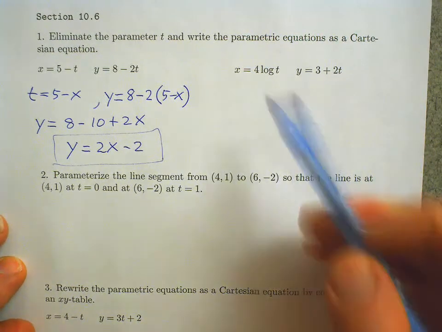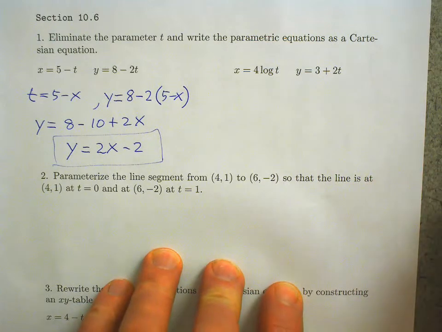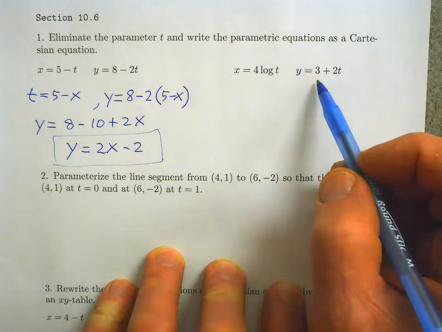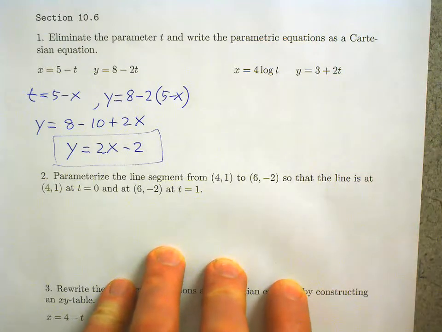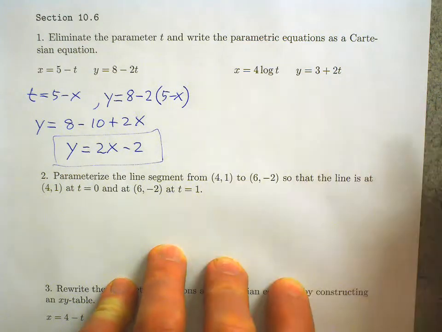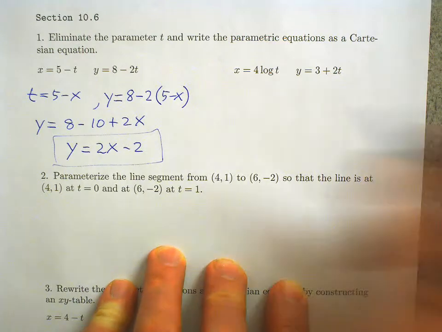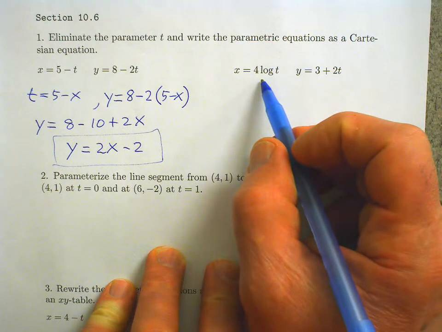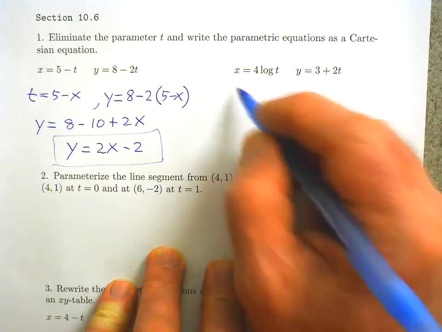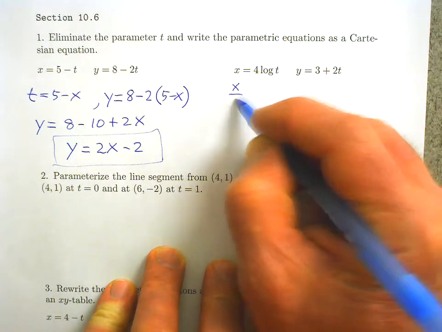Okay, the other example, if x equals 4 times the base 10 log of t and y equals 3 plus 2t, we can solve either equation for t, it doesn't matter. If we solve x equals 4 times log of t for t, first divide both sides by 4.